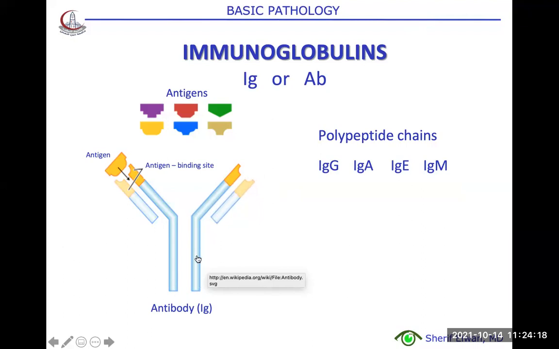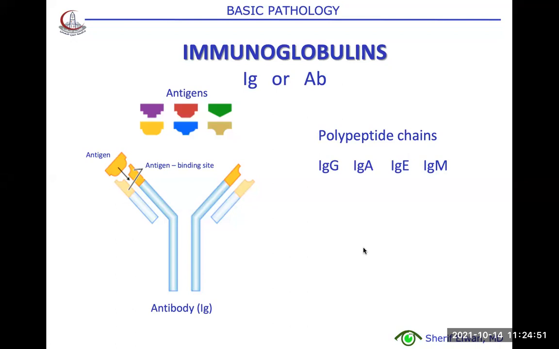Each side of the Y is formed of two arms, one long and one short. And at the periphery of the two long and short arms, there is the specific antigen binding site where antigen-antibody union forms, and the antigen-antibody complexes start reactions that result in release of mediators and so on.